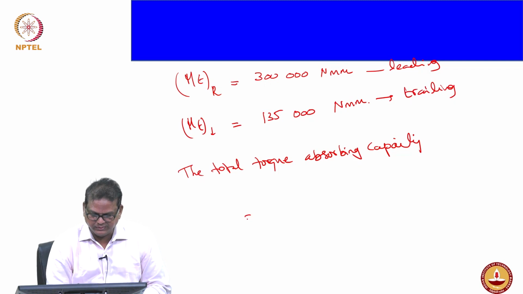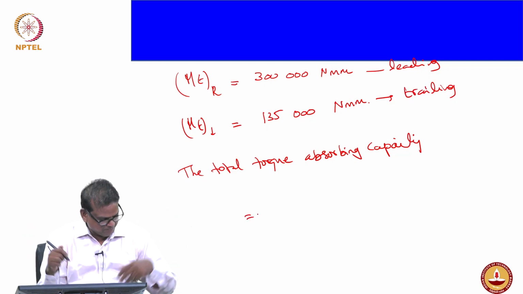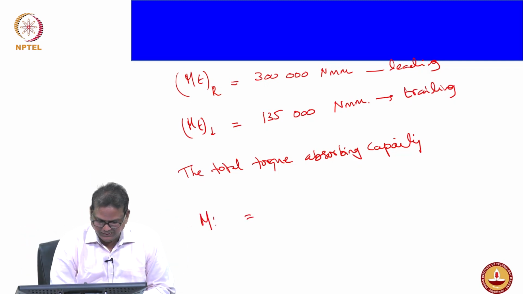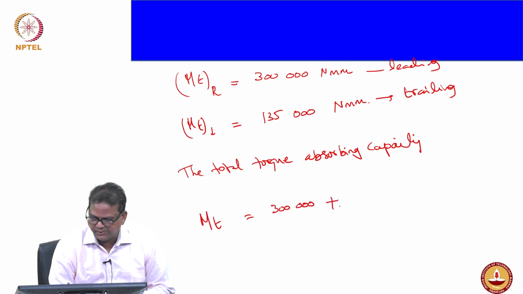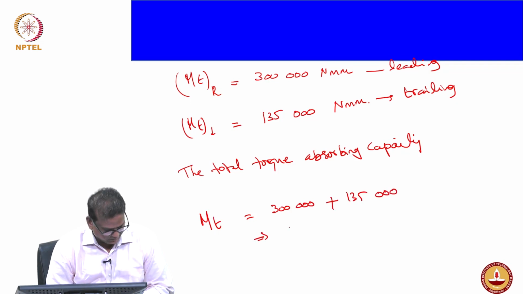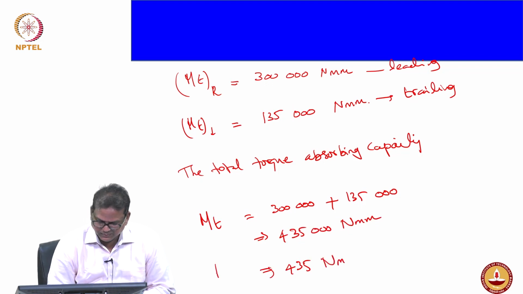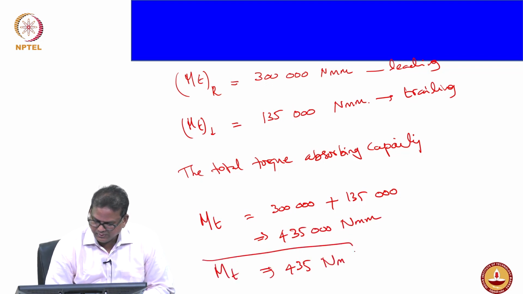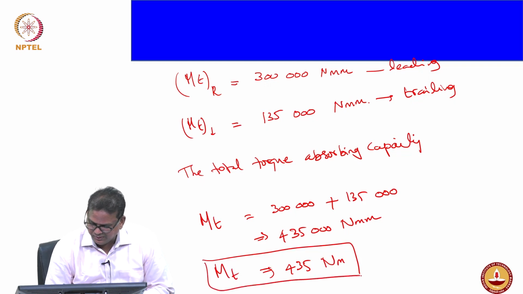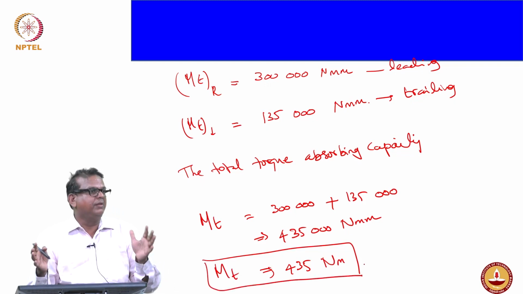Now we need the entire brake, leading and trailing, that is MT: 300,000 plus 135,000 should give me 435,000 Newton millimeter, or 435 Newton meter. This is the total torque absorbed by the brake system.